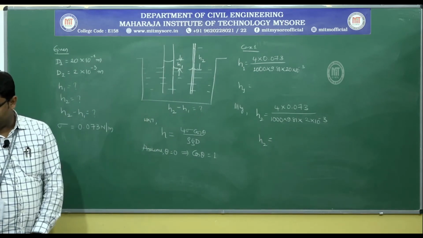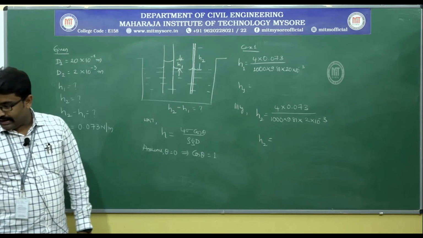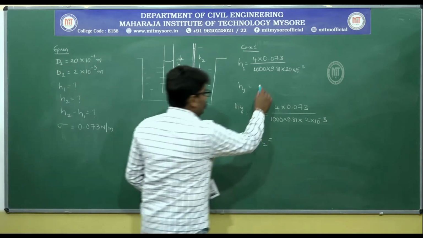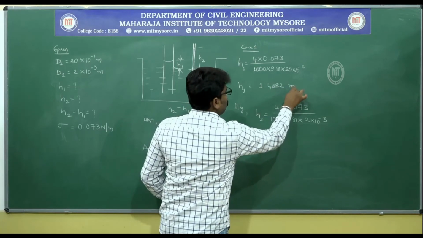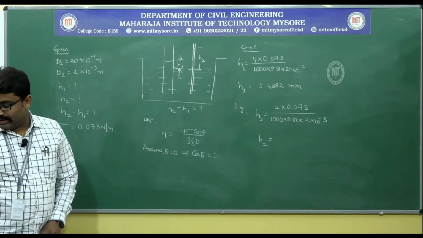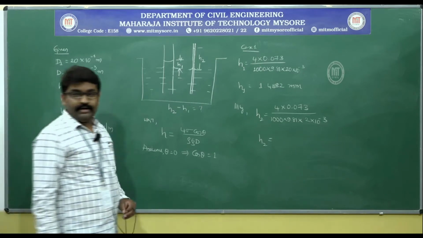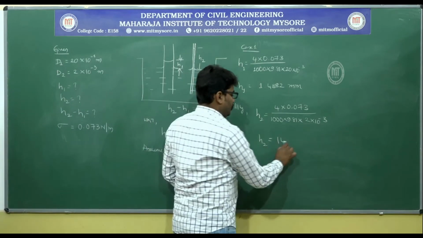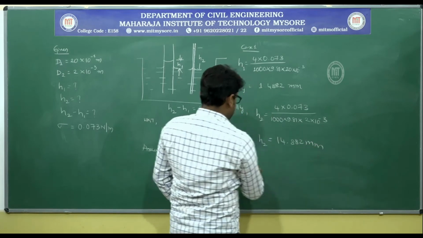H1 is nothing but 1.4882 millimeter, and H2 is 14.882 millimeter.